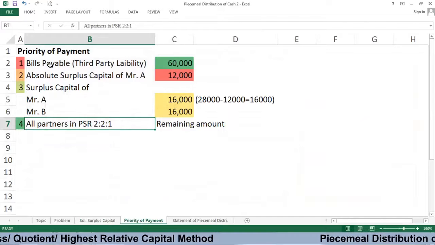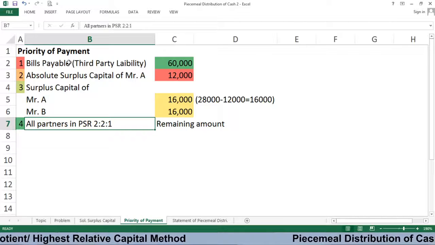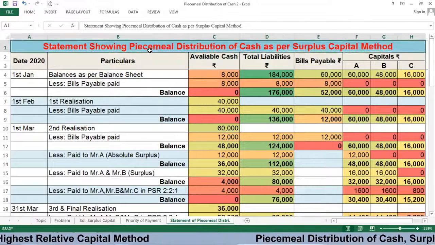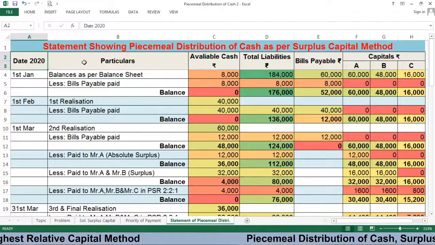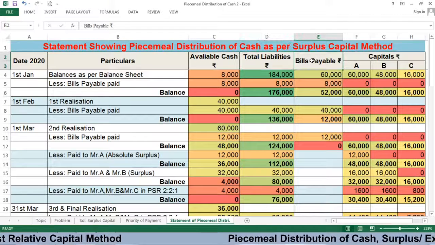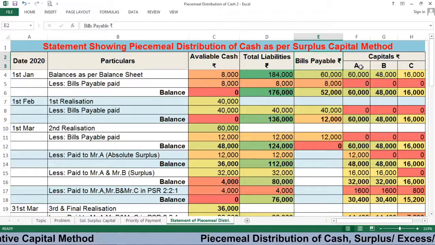After that, we prepared the priority of payment, to whom we have to pay first, that is, the person who is liable to receive the amount will receive first, then other payments will be done. On that basis, we prepared a statement showing piecemeal distribution of cash, with columns of date, particulars, available cash, total liability, bills payable, which is the one and only column of third party liability, and then a column for each partner's capital.